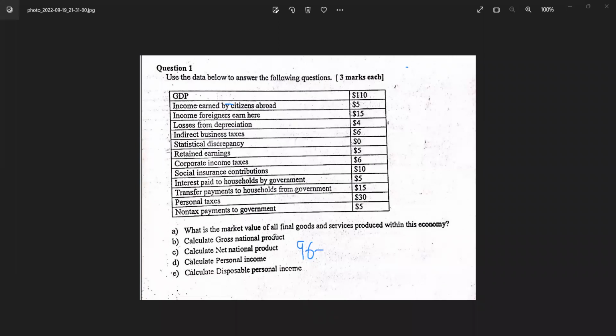Yes, Patience, your hand is up. So please, what's the formula for the personal income?